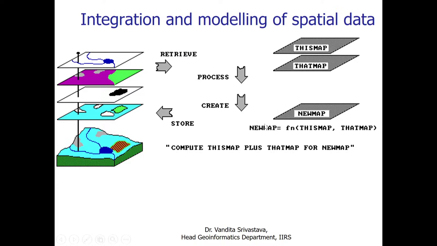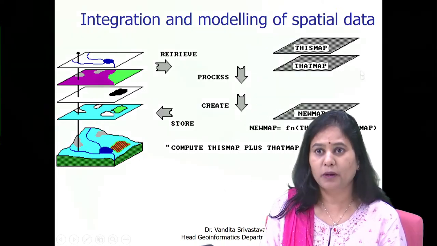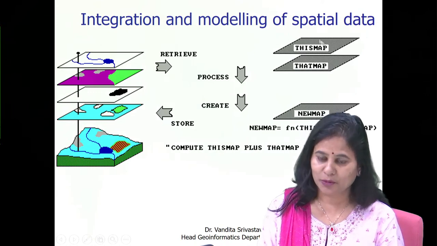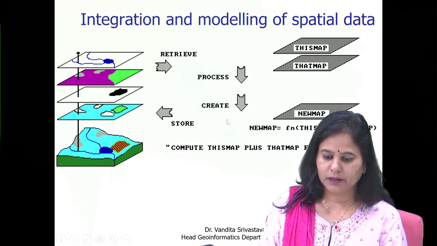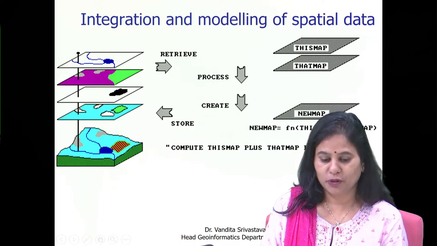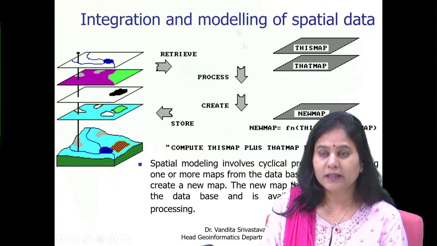It could be an intermediary map or your final map. So this new map is a function of these layers, this map and that map, and then you process it in a cyclic manner to create another new map.